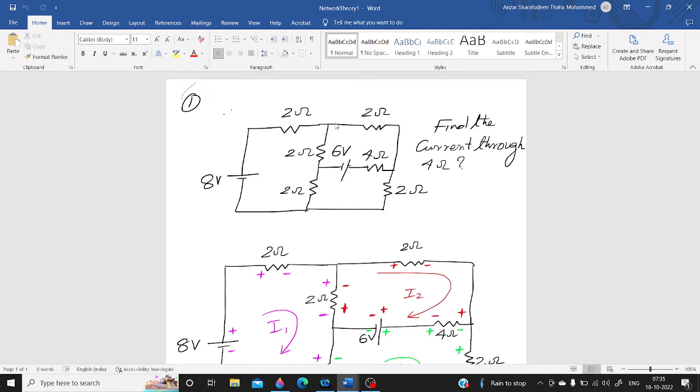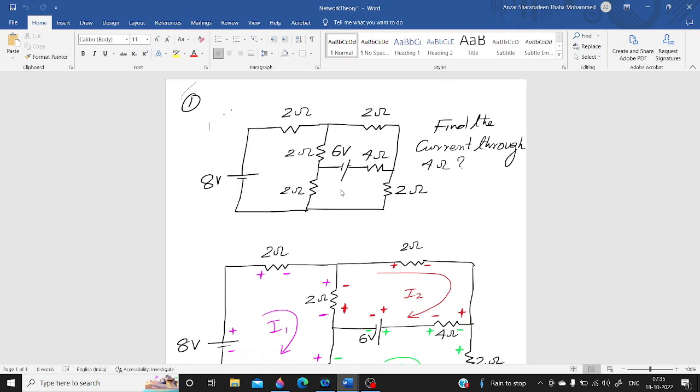Here this is another mesh, and this is another mesh which forms a closed path. And you can consider an outer mesh like this. Again, this is also a closed path. So independently there are three meshes in this circuit.